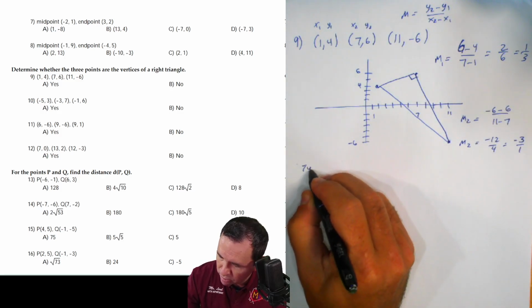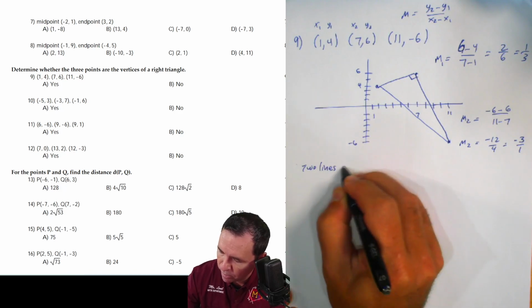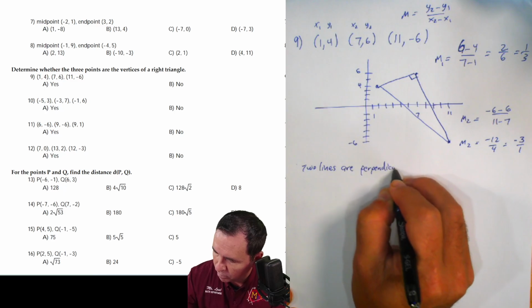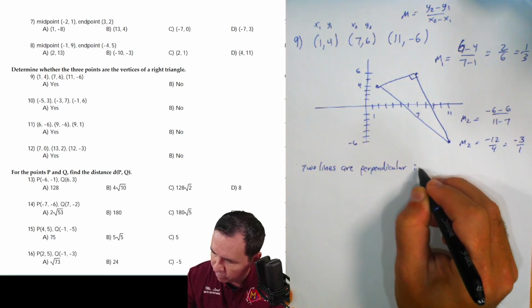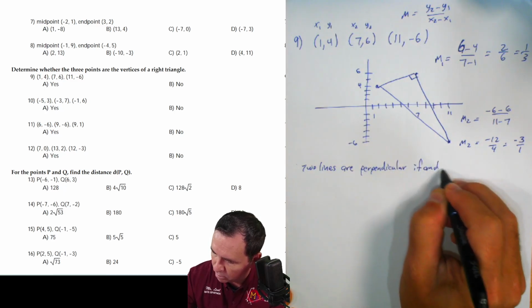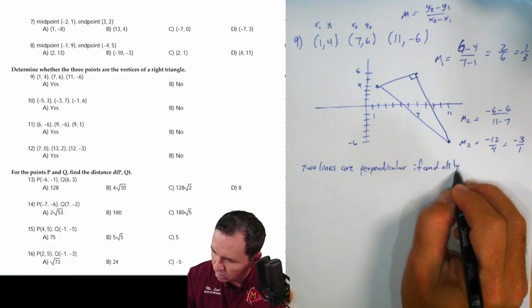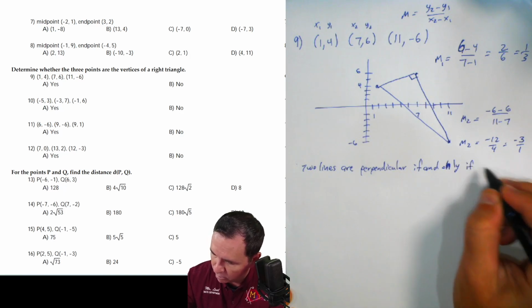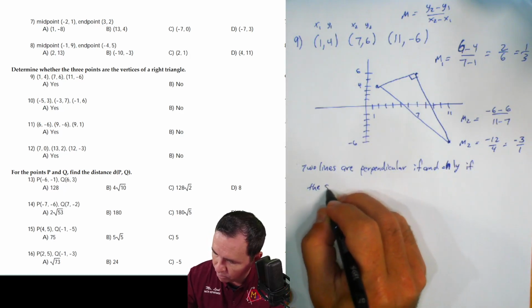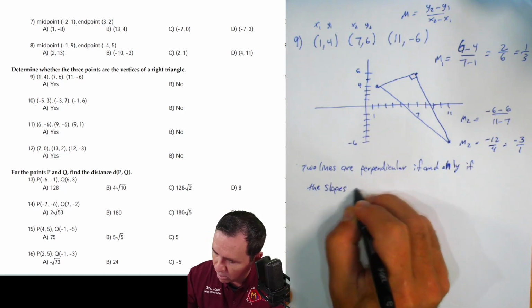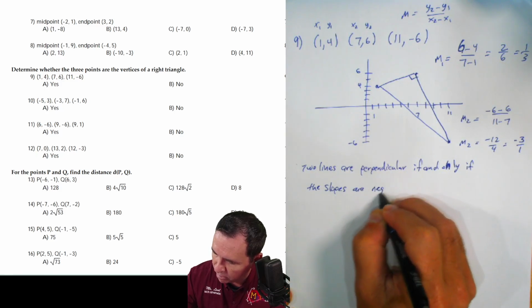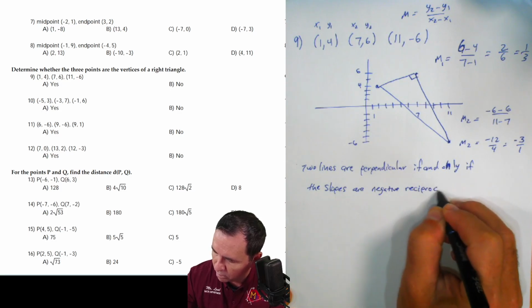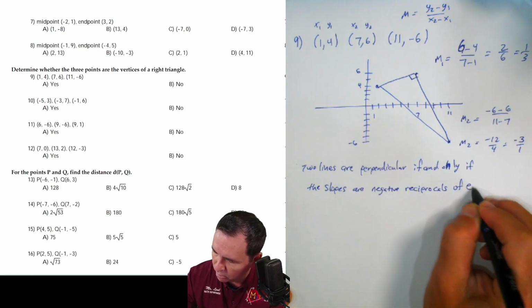Two lines are perpendicular if and only if the slopes are negative reciprocals of each other.